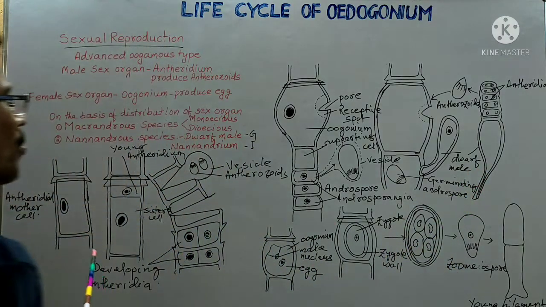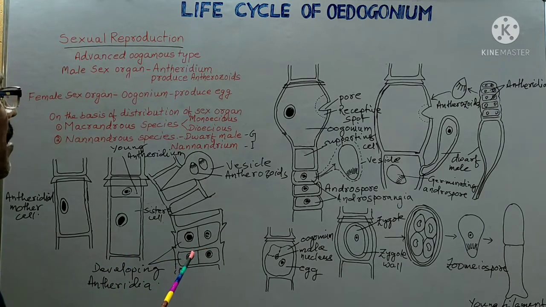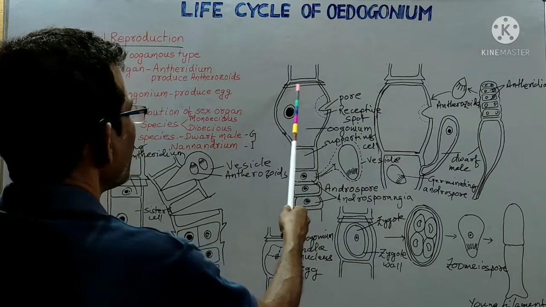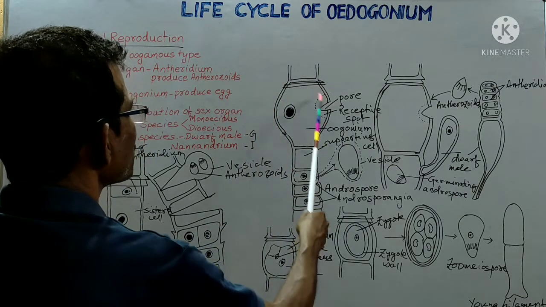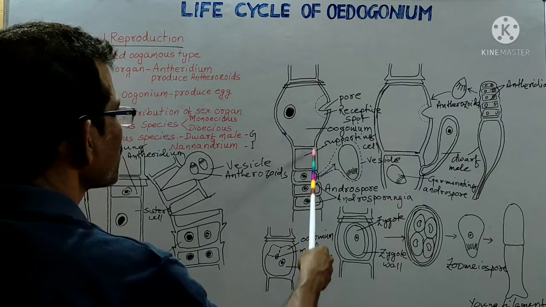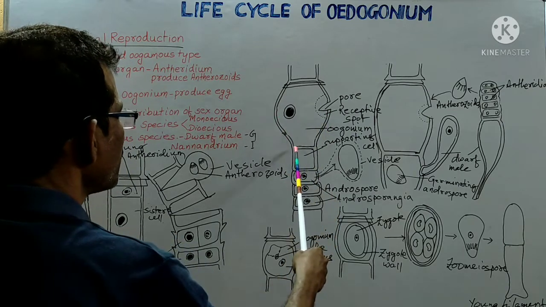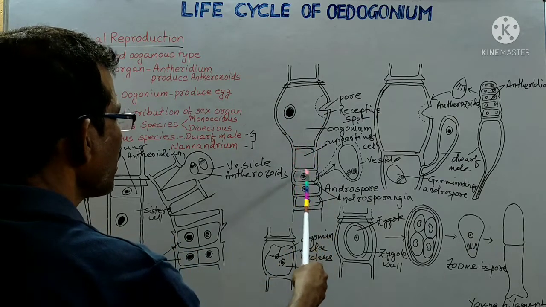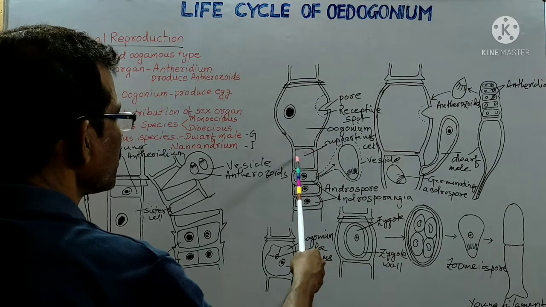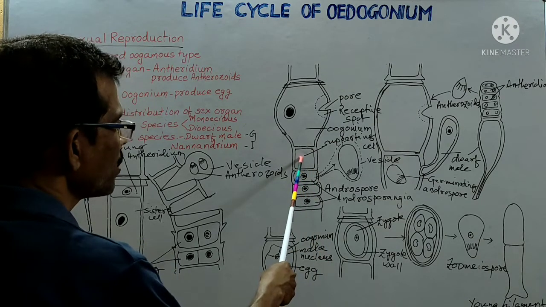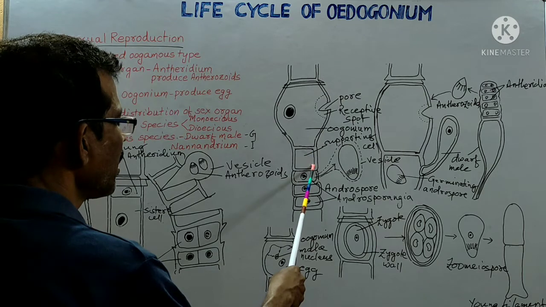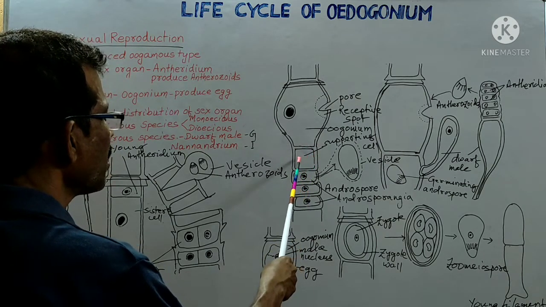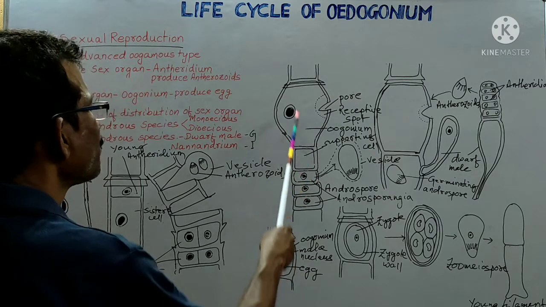Next is oogonium. Oogonium is the female sex organ. Any vegetative cell that has apical cap can behave as oogonial mother cell. This is the oogonial mother cell. The oogonial mother cell divides transversely to form an oogonium and a lower supporting cell. The lower supporting cell can also behave as oogonial mother cell and divide again so that a few oogonia can be seen present in a row.